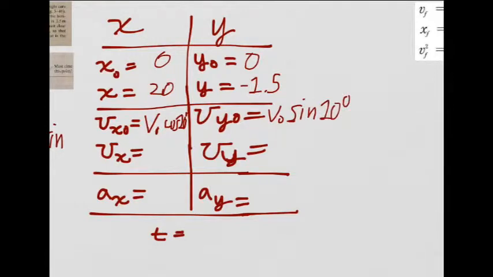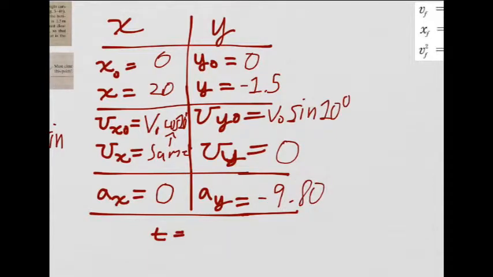And this is going to be the same as this, because this is going to be 0, because once it hits the ground it doesn't go in the y direction anymore. This is 0 because of constant velocity, and this is negative 9.8 because of gravity.